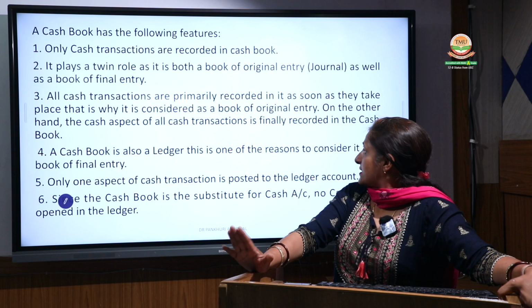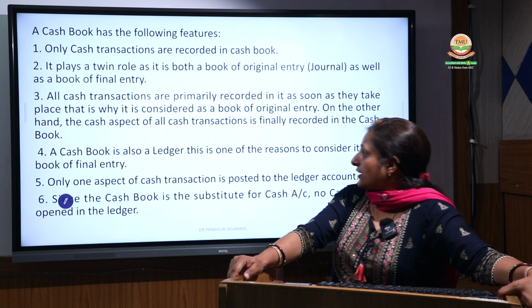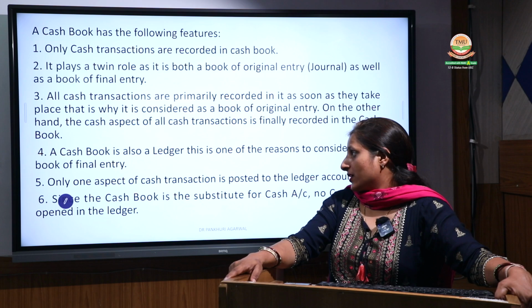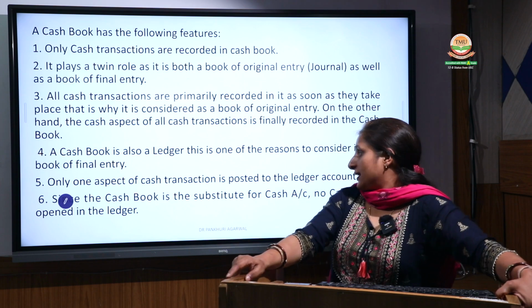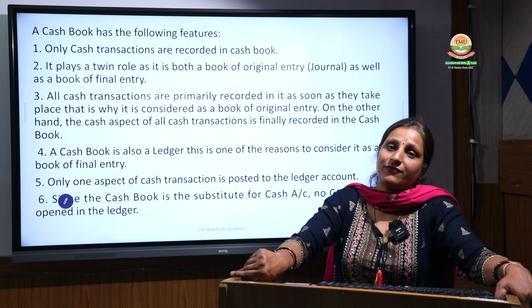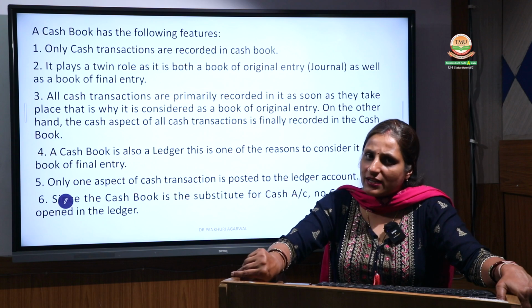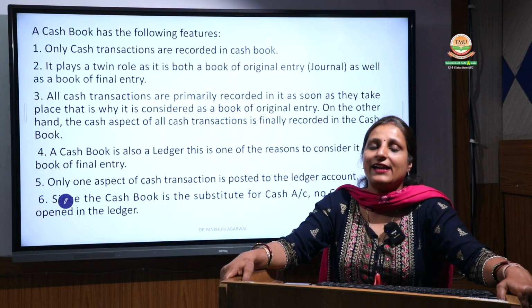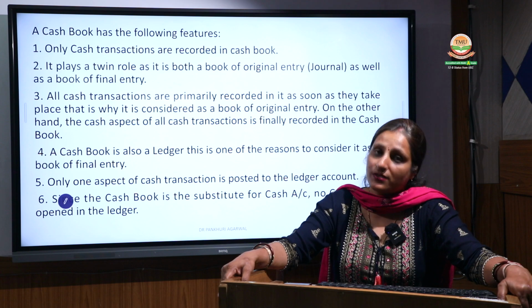All transactions are first recorded in the cash book as a book of original entry on the cash aspect, and finally recorded there as well. It is also the ledger, therefore it is also called the book of final entry. It is called the original entry because it plays the role of the journal. The entry that is posted in the journal is known as the original entry.